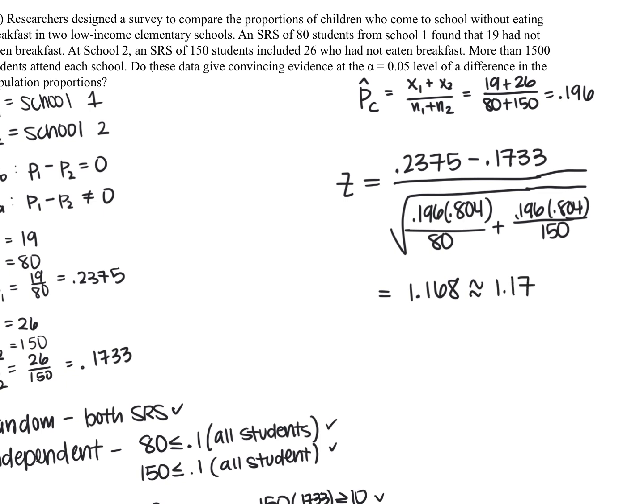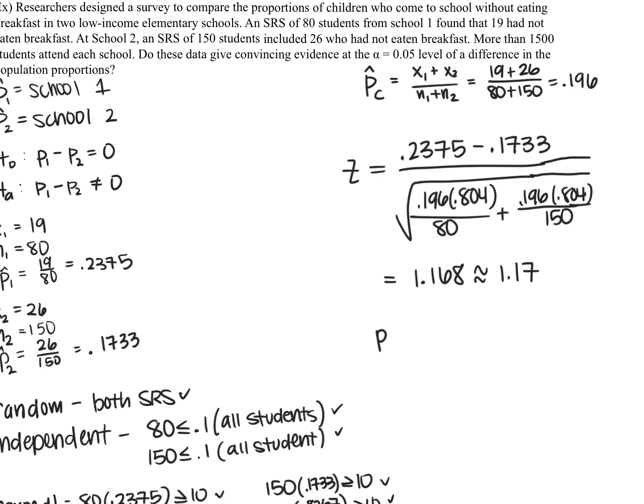So again, at this point, I can then use normal CDF with my lower bound of 1.17, my upper bound of 1E99, mean of 0, standard deviation of 1. And if I do that, I'll get out a p-value that I remember, because my alternative hypothesis here is does not equal, I would have to multiply that p-value by 2.